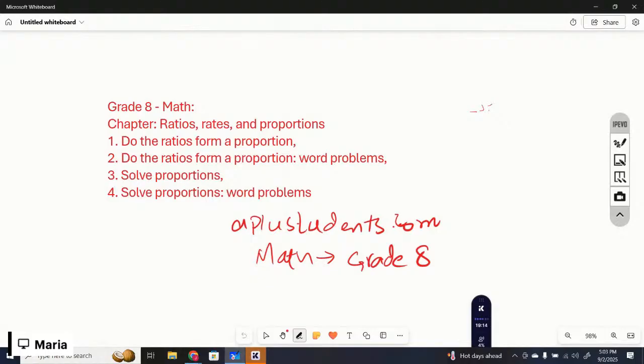There you can find a list of the chapters. We're going to start with the chapter ratios, rates and proportions. The lessons we're going to cover today are: do the ratios form a proportion? Do the ratios form a proportion word problem?